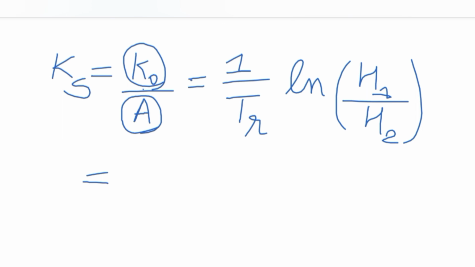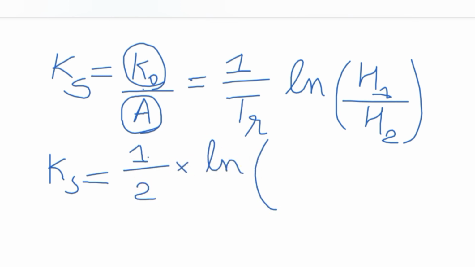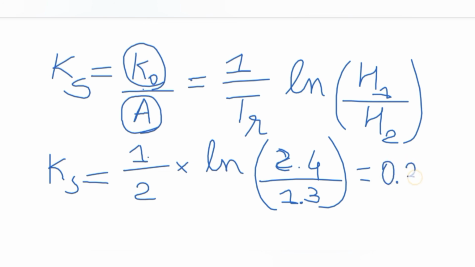We'll substitute the values. So Ks will be equal to 1 upon Tr, Tr is 2 hours, into ln H1 upon H2. So H1 is 2.4 meter divided by H2 is 1.3 meter. On solving, we get Ks equal to 0.3066 per hour.